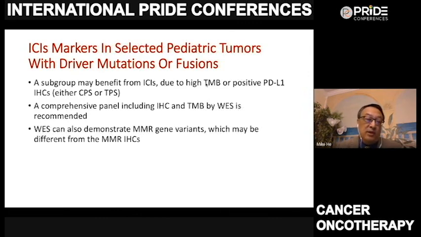For example, whole exome sequencing could also demonstrate DNA mismatch gene variants, which could be different from the immunohistochemistry results. Next slide, please.